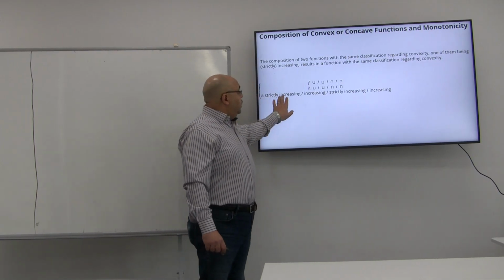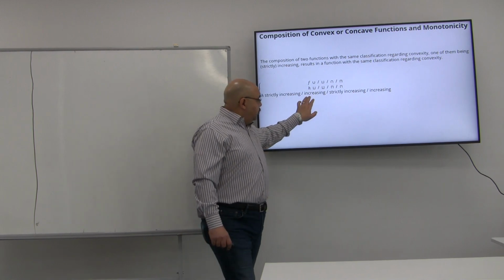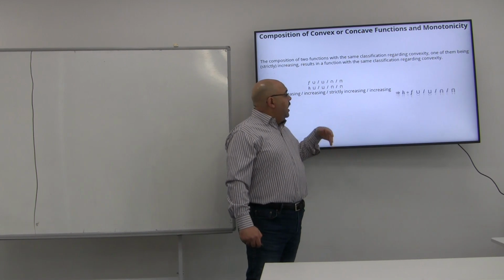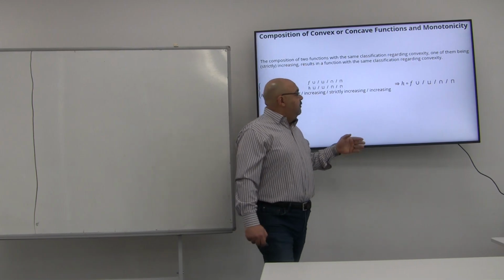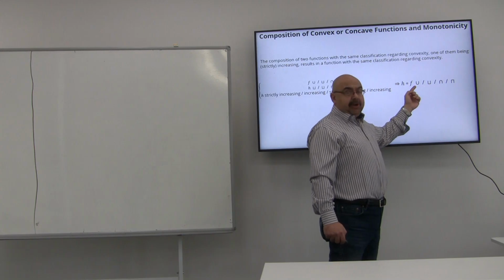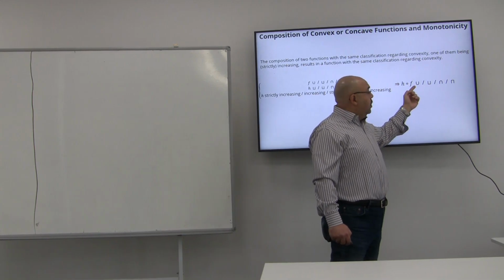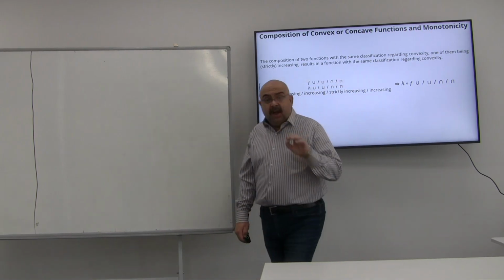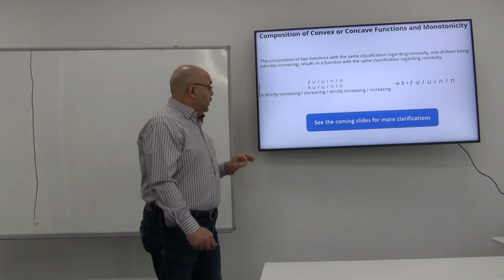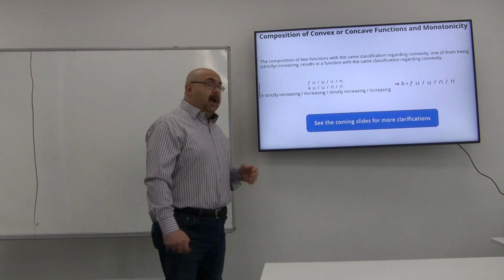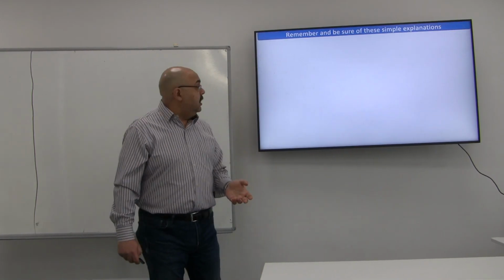So h is strictly increasing. These are the cases, and the results will be, if you have the composition h of f, then you will have strictly convex, convex, strictly concave, and concave functions. I believe the coming slide will give a good demonstration of these properties in detail.